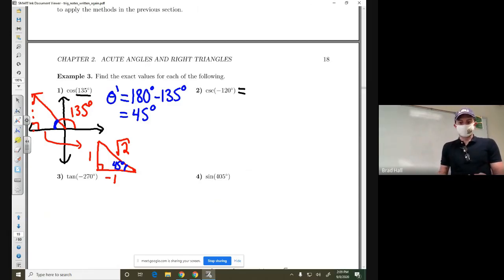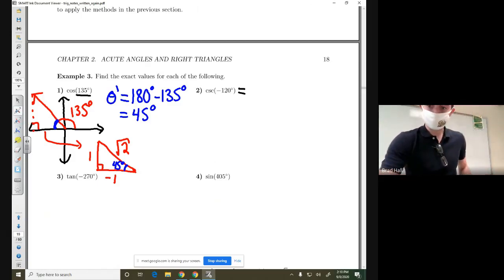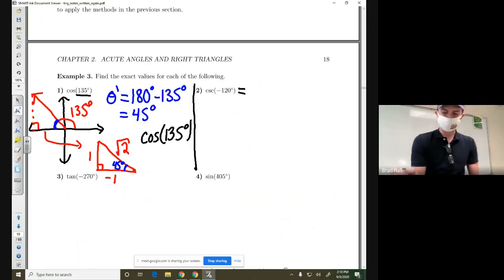Once you have that figured out, finding cosine of that value is the final step. So this was the original problem. Cosine of 135 degrees is now reduced to just determining cosine on this right triangle that I have now constructed.